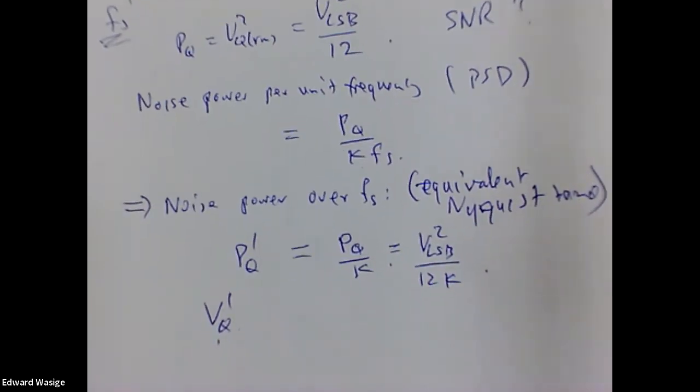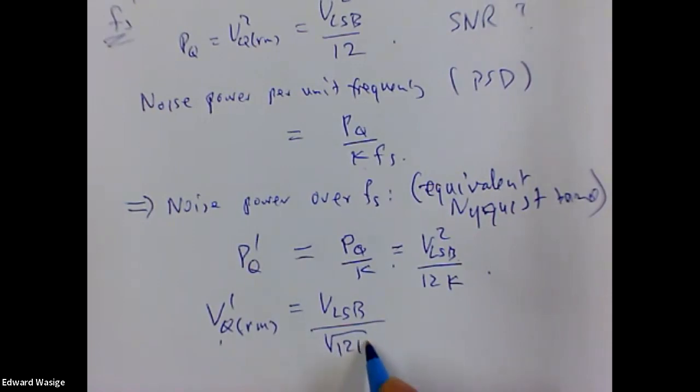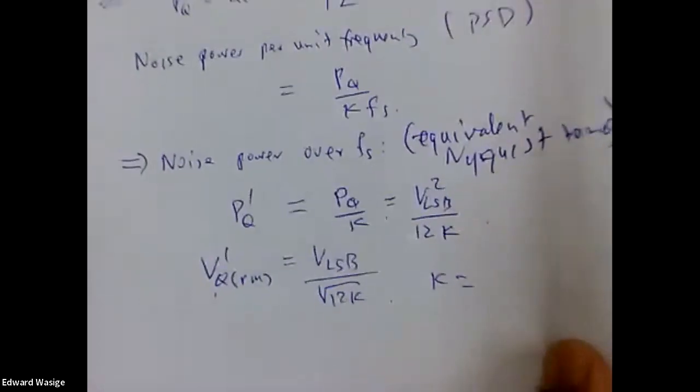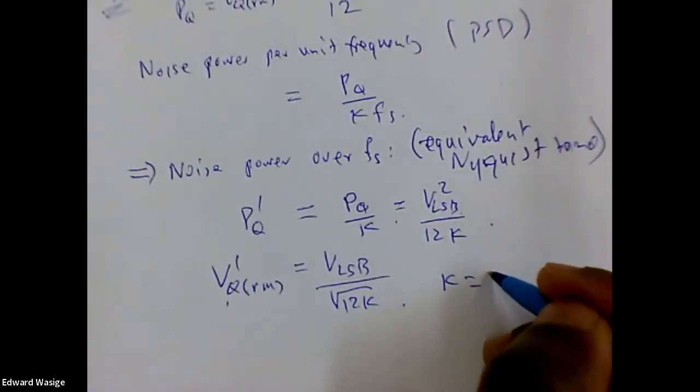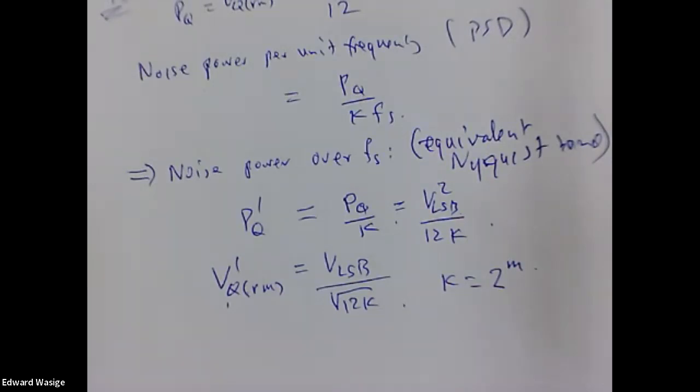And therefore, the equivalent noise, the RMS value, will be just the square root of this, which is VLSB over root 12K. Usually, because these are digital systems, we choose K to be a factor of 2, so 2 to the power m. And therefore, we can write this in terms of m.